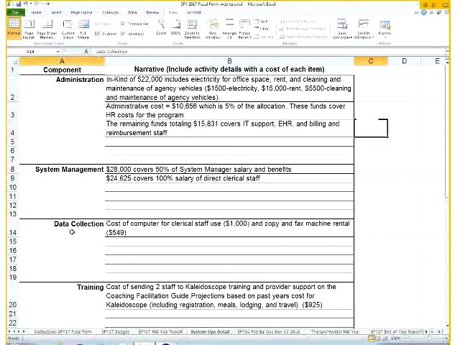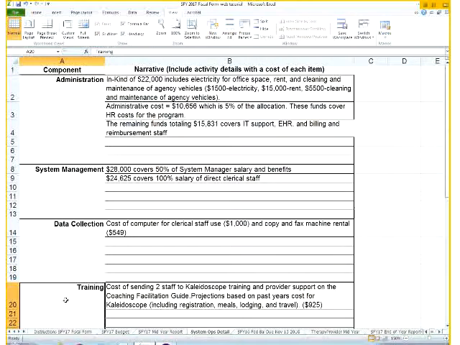For data collection, once again, this is the cost of collecting the data and sharing the data with the Part C office that's required in your contract. So here we have the cost of the computer use for the clerical staff is $1,000, and copy and fax machine rental for $549.